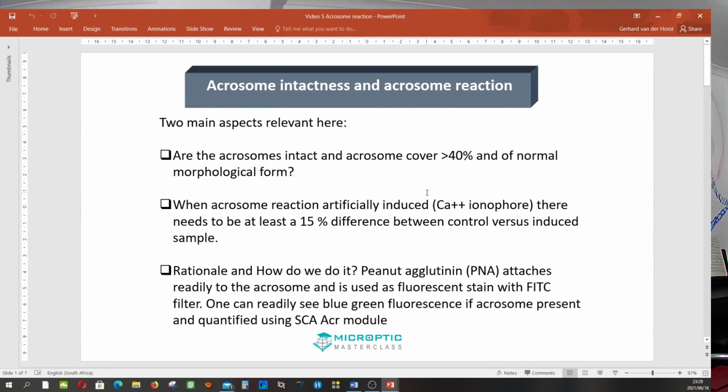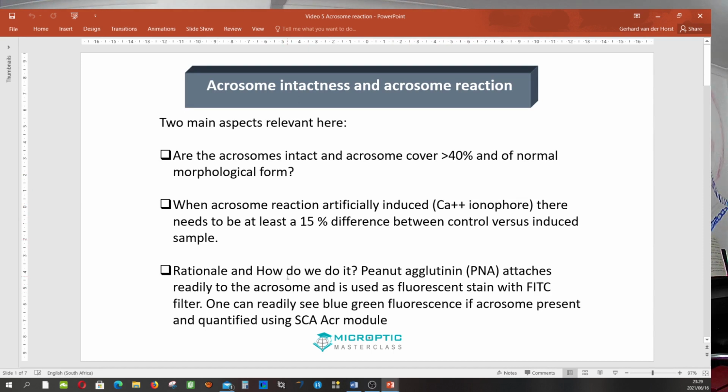I think it's very important that one must realize that sperm needs to have an intact acrosome, but moreover, there needs to be at least more than 40% cover of the sperm head. Then, when we perform the acrosome reaction artificially by using calcium ionophore, there needs to be at least a 15% difference between control versus the induced sample.